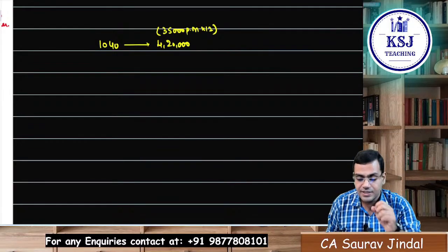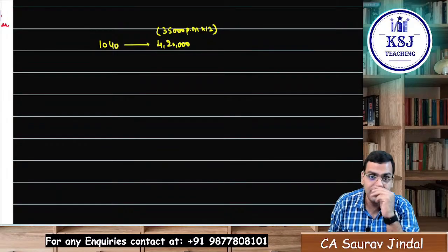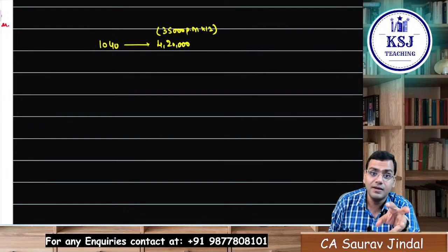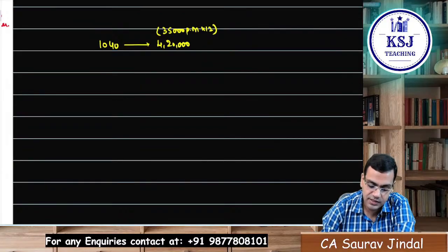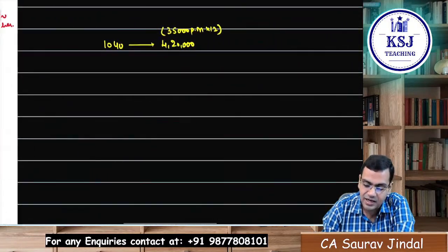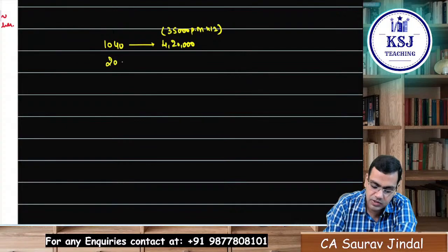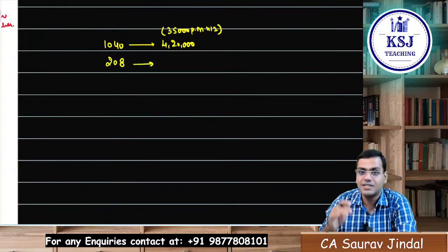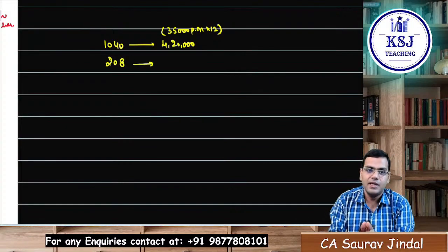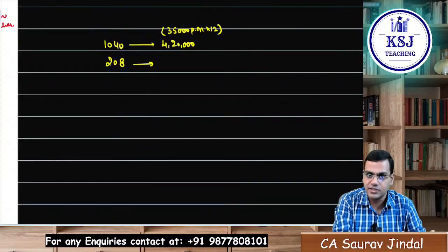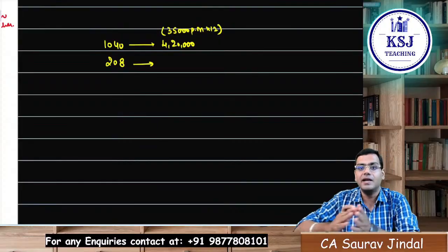Now he says you need to divide this salary between the arts and the commerce stream. He says out of this 208 hours is for the commerce stream. So some part of this salary should be subtracted from the arts stream and it should be added in the commerce.